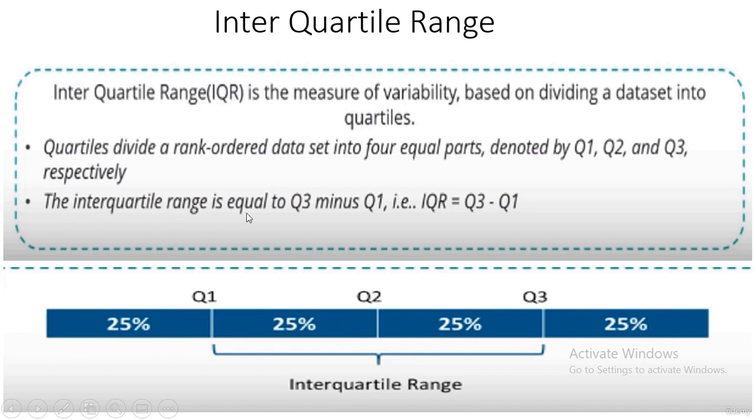The interquartile range is equal to Q3 minus Q1. Once you calculate Q1, Q2, Q3, you can find the interquartile range by subtracting Q1 from Q3, which is equal to IQR, that is the interquartile range.